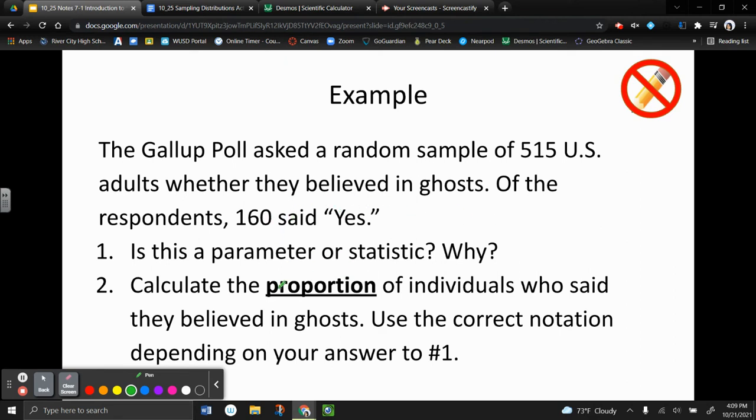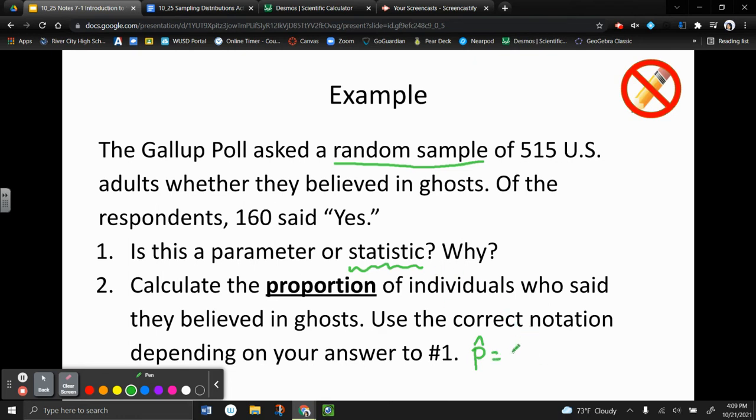what we're calculating is a proportion. This is going to be a statistic, right? Because this number is computed from a random sample. So this is considered a statistic because it's based off of a sample. So it says calculate the proportion of individuals who say they believe in ghosts. Well, since it's a statistic, we're going to use p hat. It's a sample proportion.